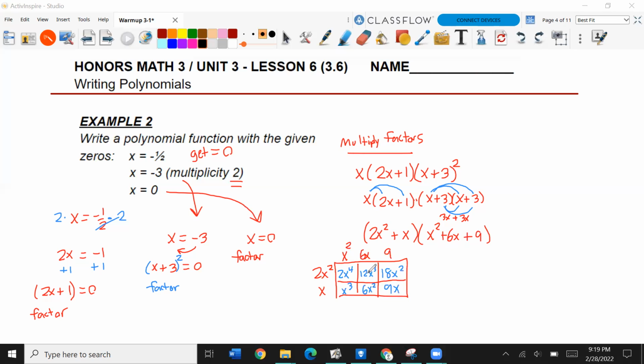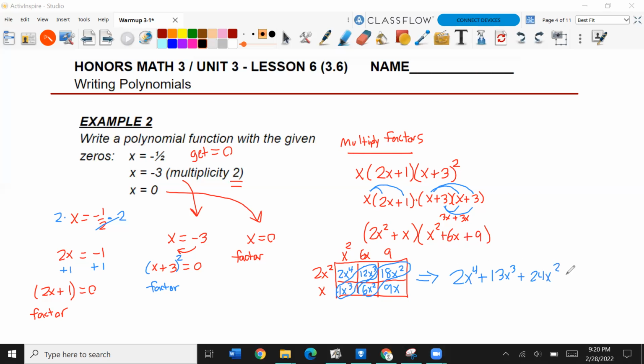So we're almost done. We just got to combine like terms and put it all together. So I have 2x to the 4th power. Now these two will add to 13, that's a 1x cubed, so 13x cubed. I got 6 and 18 x squared, so those are going to give you 24x squared.